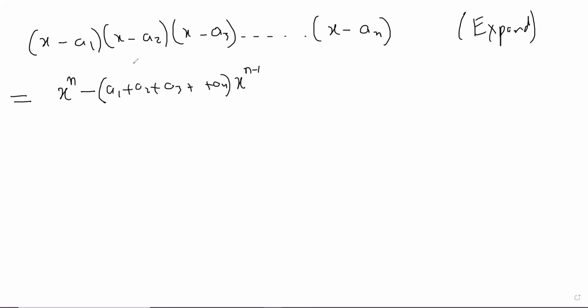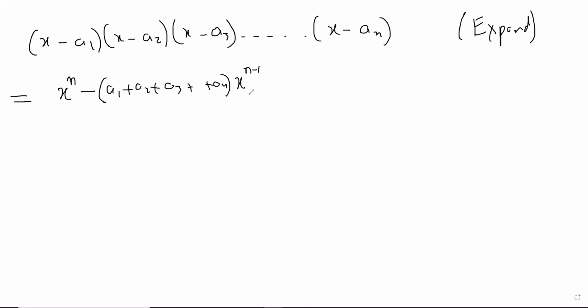So we have n brackets. Let's take the first n minus 1 brackets. We can generate x to the power n minus 1 from them, and then we multiply it with the minus an to get minus an, and so on. We can do the same for the other terms. That's right.